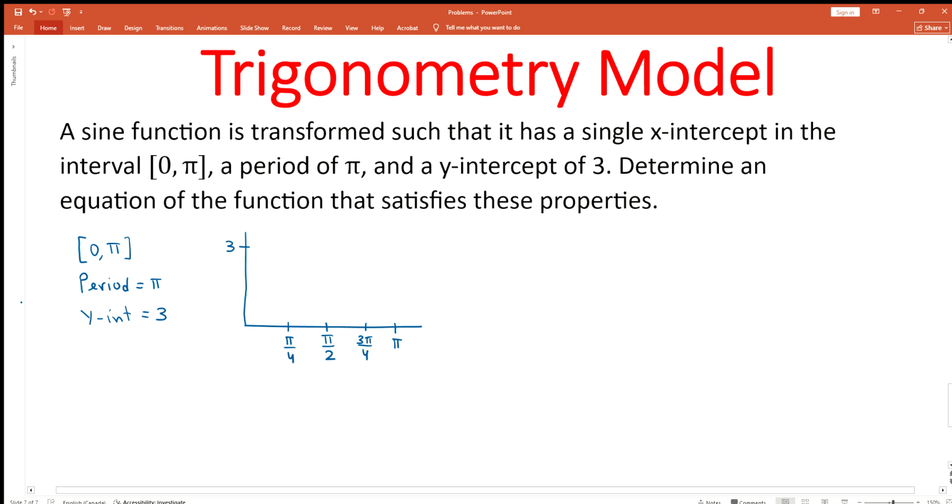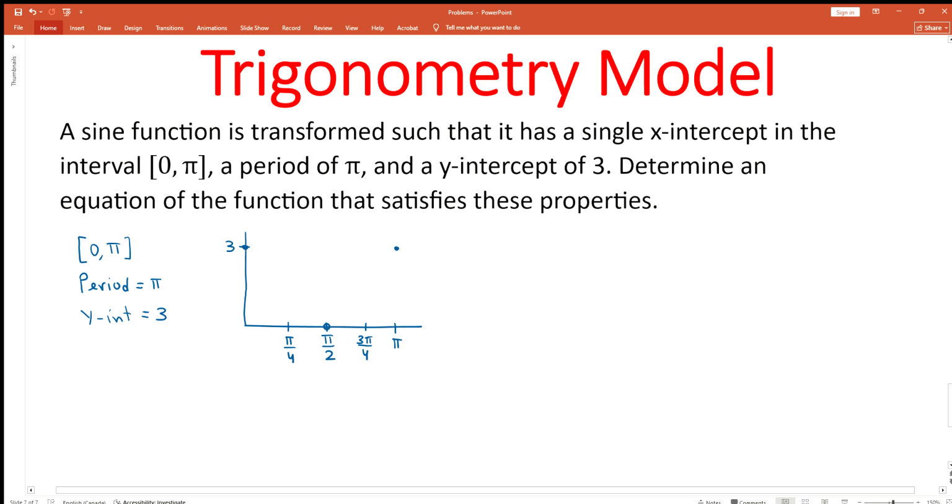We can sketch a graph that satisfies all of these properties by assuming that the y-intercept of the graph represents the maximum value of the graph. That means the cycle of the graph starts at the y-intercept and ends at pi units at y equals 3. Since the function should have one x-intercept in the closed interval 0 to pi, we can assume the x-intercept is at pi over 2.